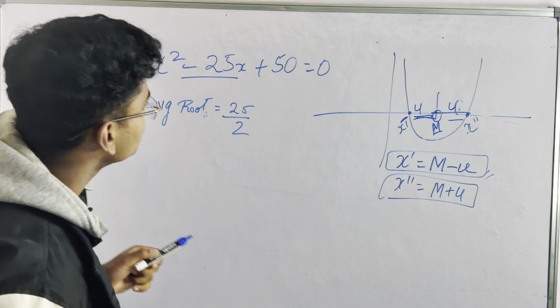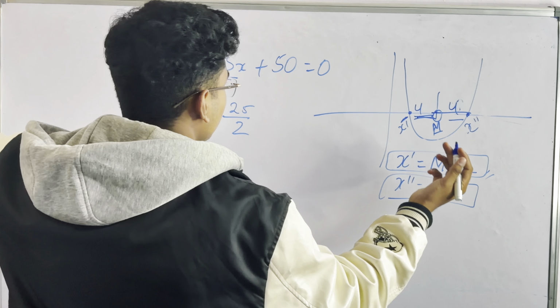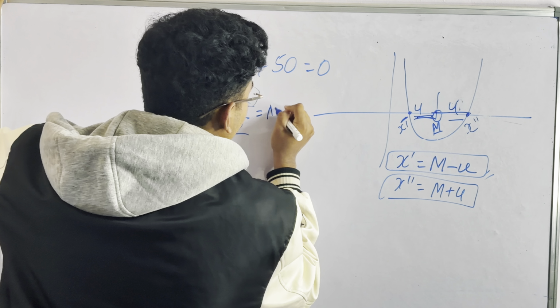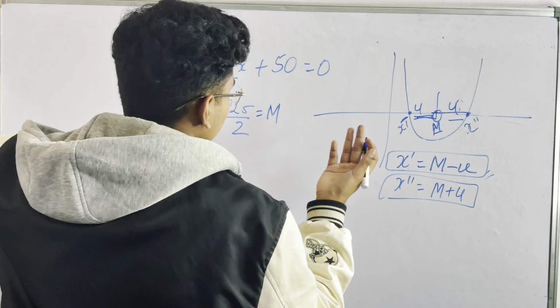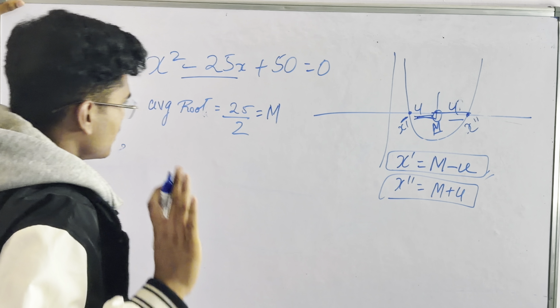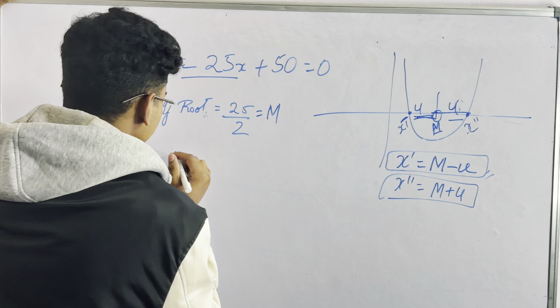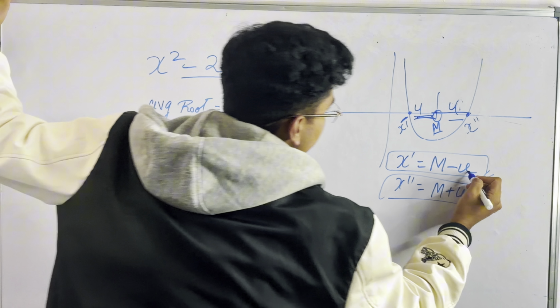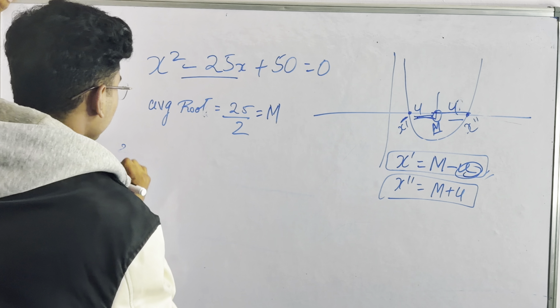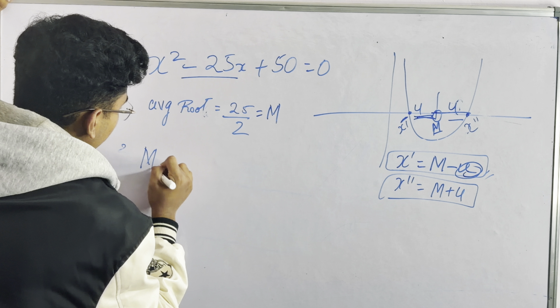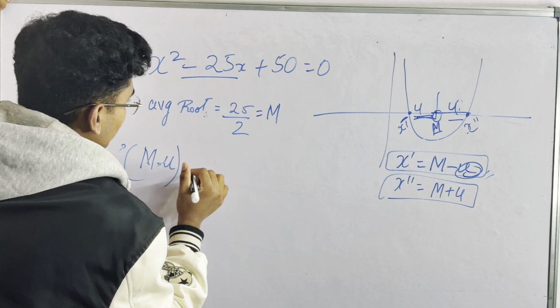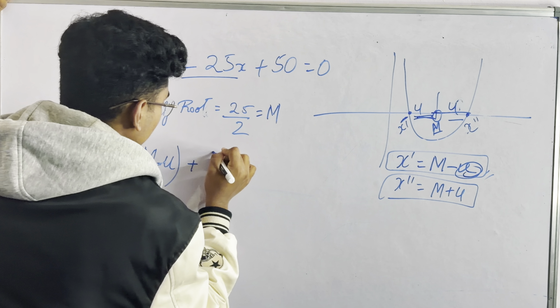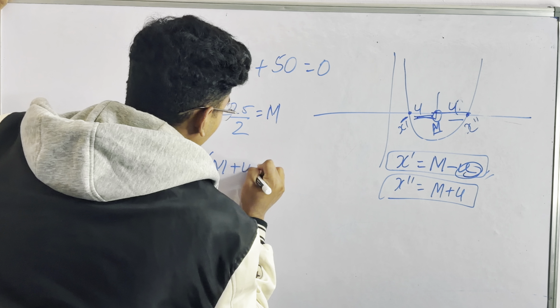We have got the average as m. Now we should find this distance: m minus u times m plus u.